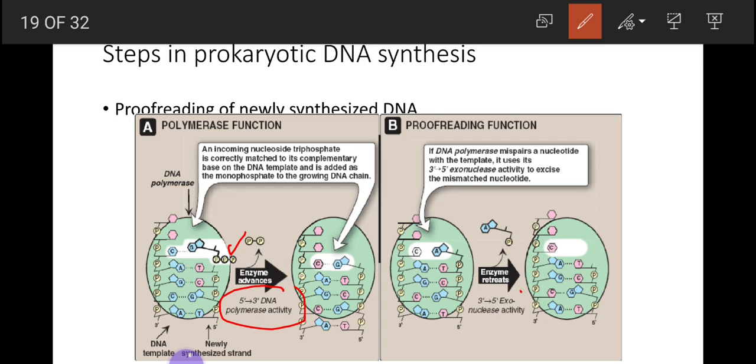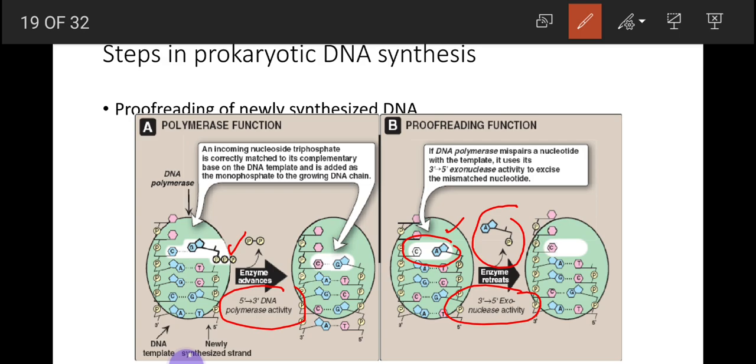Now come to the second type of activity. This is the 3' to 5' exonuclease activity. This exonuclease activity means that if the bases are mistakenly not correctly base paired, for example, here the A comes in front of C, which is wrong, there must be G. So this A will be removed by the 3' to 5' exonuclease activity.